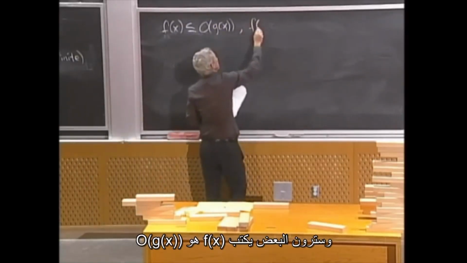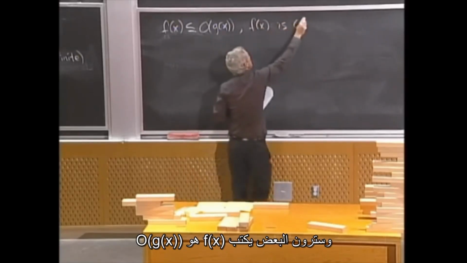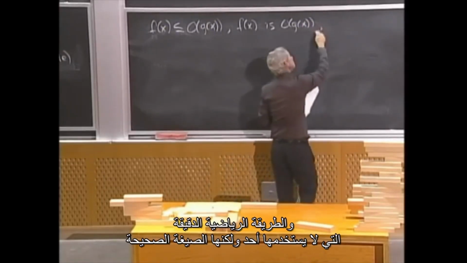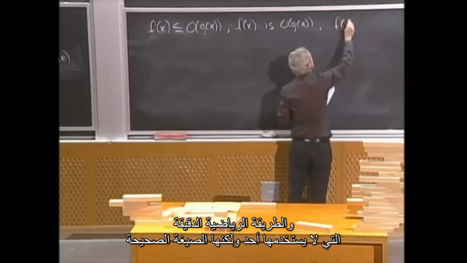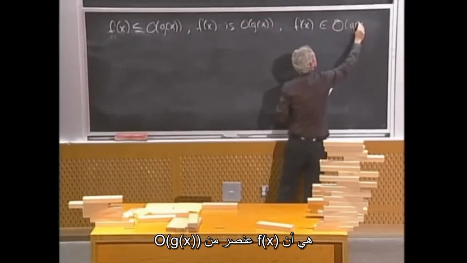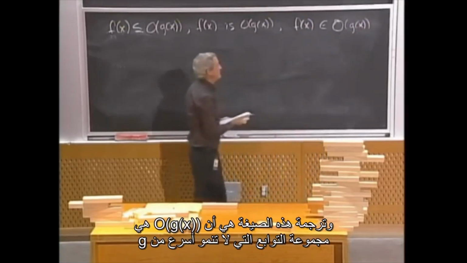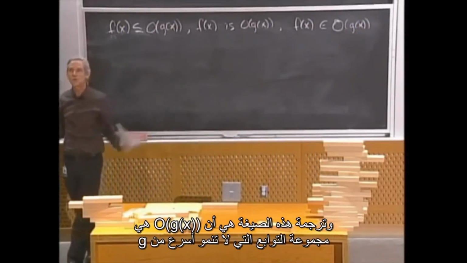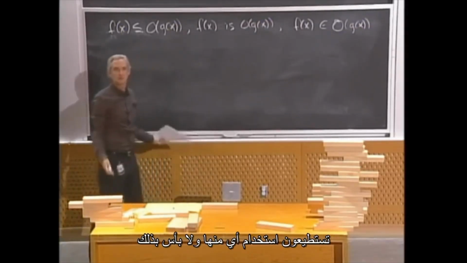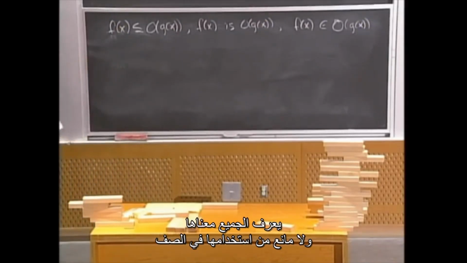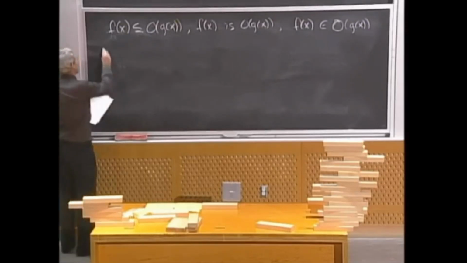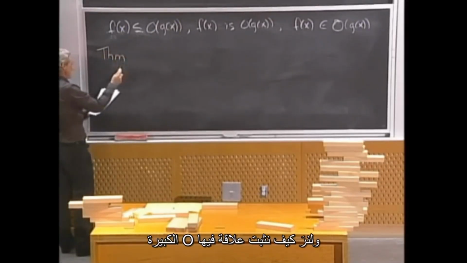You'll see people write f of x is O of g of x. And the formal math way that people don't use, but it's the formally correct one, is f of x is an element of O of g of x. And the interpretation there is that O of g of x is a set of functions that don't grow any faster than g, and f is one of them. You can use any of these, and that's fine. People will know what you mean, and it'll be fine for the class. All right, let's see some examples and see how to prove a big O relation.